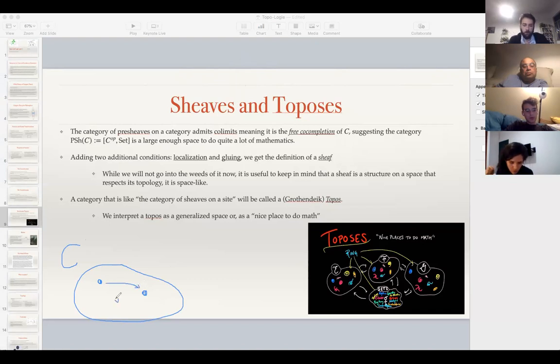Maybe there's another point just hanging out. Okay, so the category of presheaves, which we're going to write like this, all of the presheaves from C op to Set, is going to be equivalent to the free cocompletion of C. So we're going to take all colimits. So we're going to do this. Okay, that's a colimit of this diagram. This can be one thing that I'm going to gain.